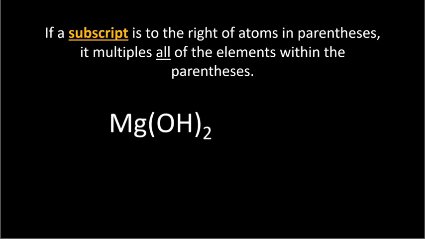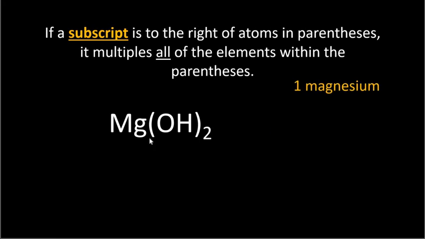Okay, now if a subscript is to the right of atoms in parentheses, and you can see that right here, it multiplies all the elements in the parentheses. Now, that means that magnesium over here is not affected by the number 2. So you only have one magnesium.